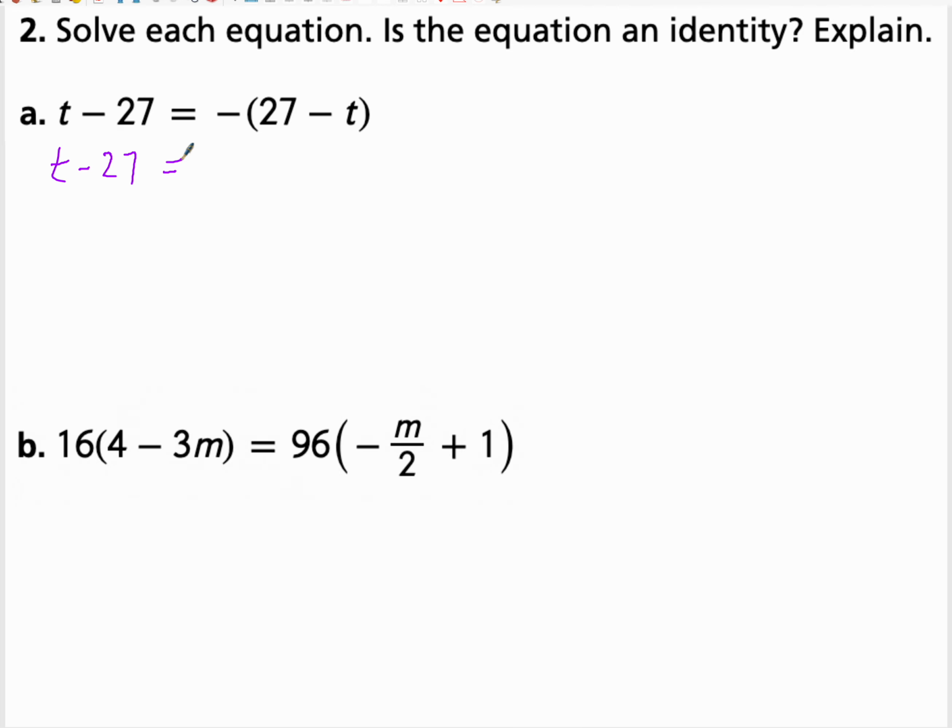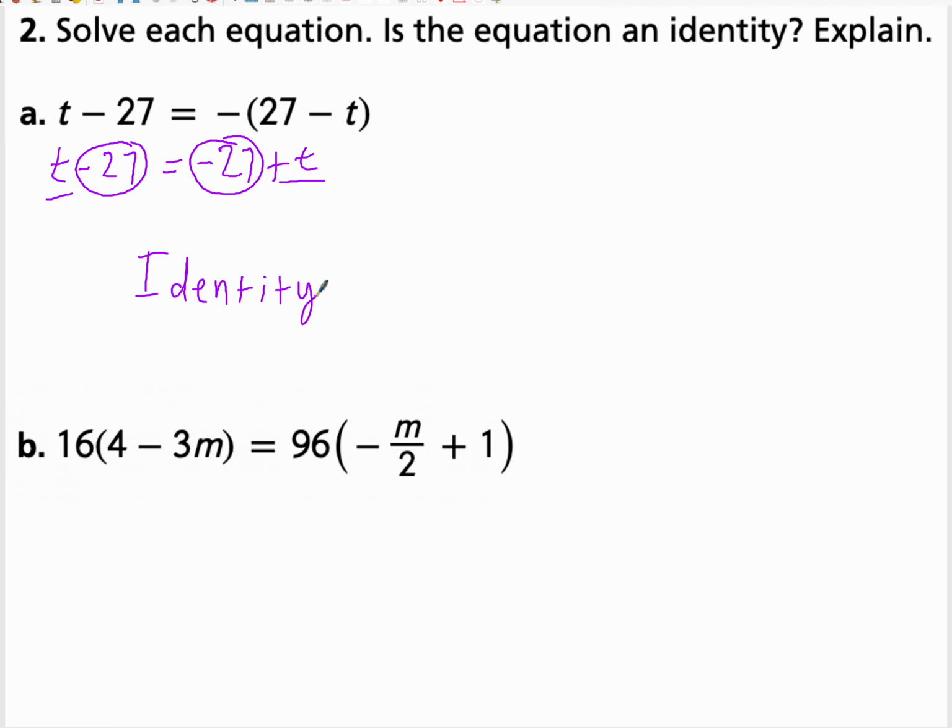The negative symbol distributes just like a number would, so negative 27 and a negative together would be a plus t. So here we have an identity. It's identical because we have a positive t on both sides, and we have a negative 27 on both sides. All right, so this one is an identity or infinite solutions. Identity. Okay.